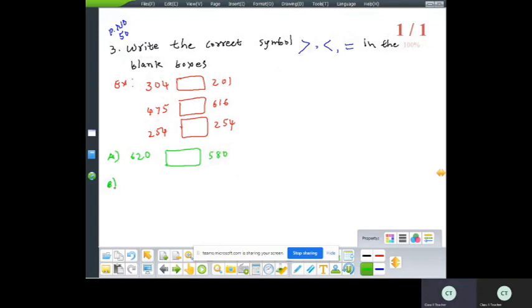B: 937 box 975. C: 763 box 746. D: 864 box 953.